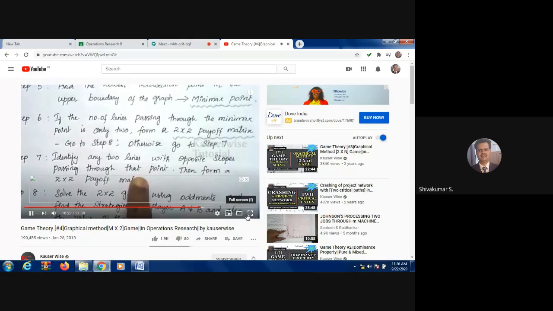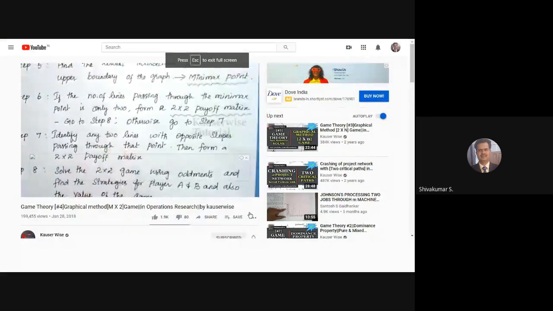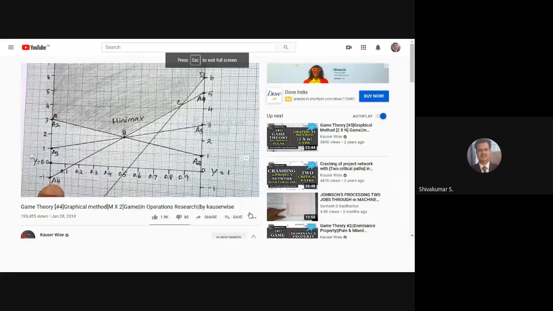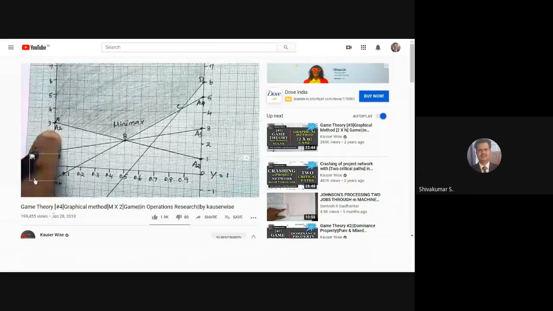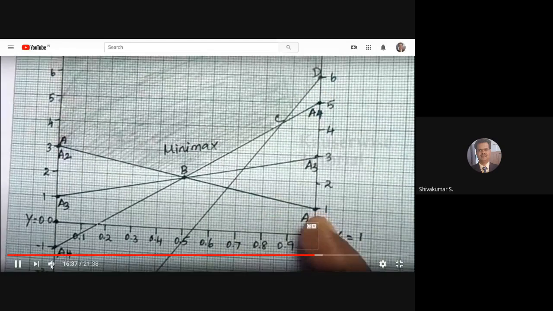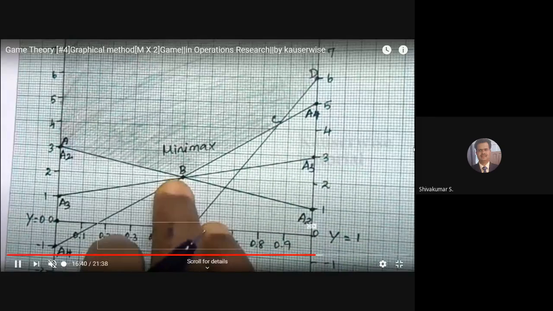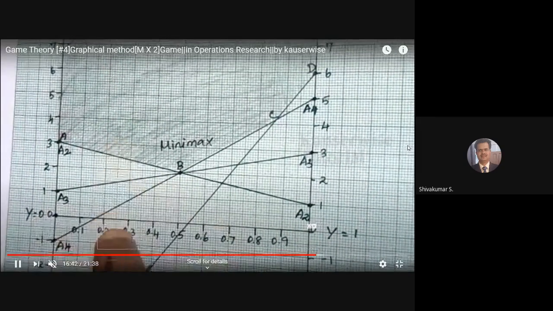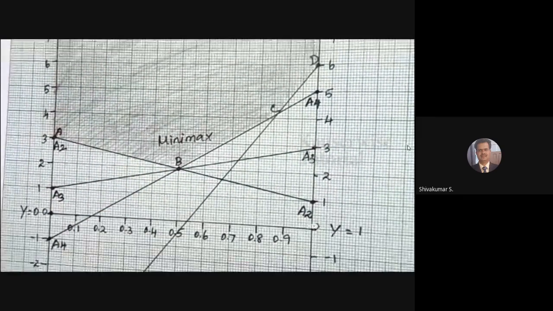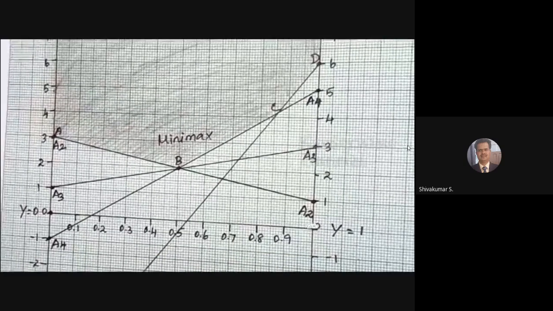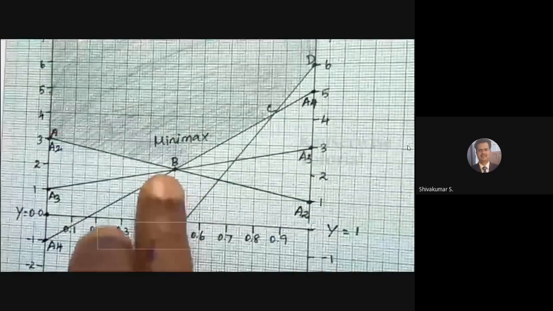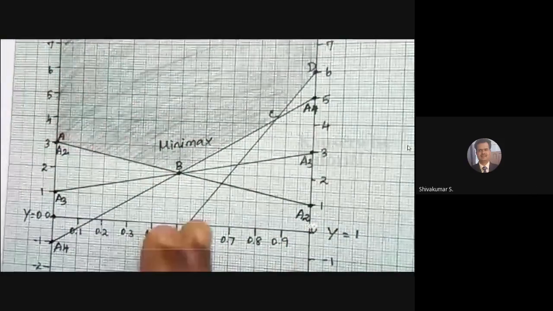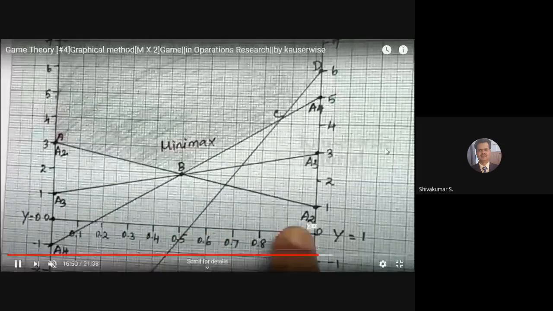Now for this, look at the graph. A4, A3, A2, these are the 3 lines passing through. In this case, you get 3 lines crossing here.